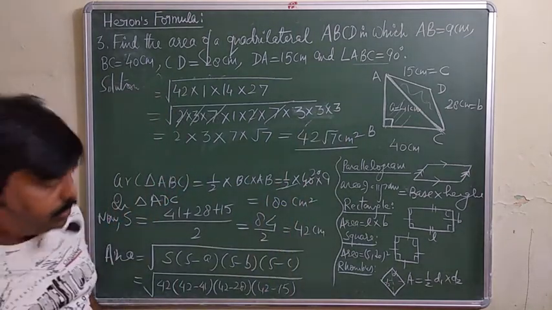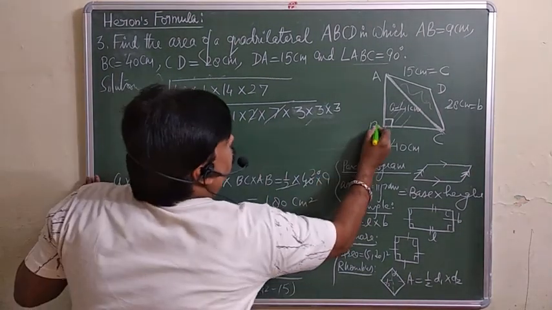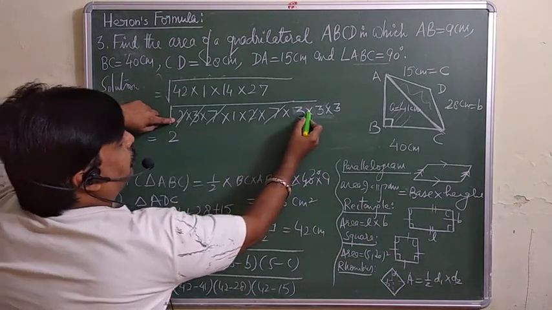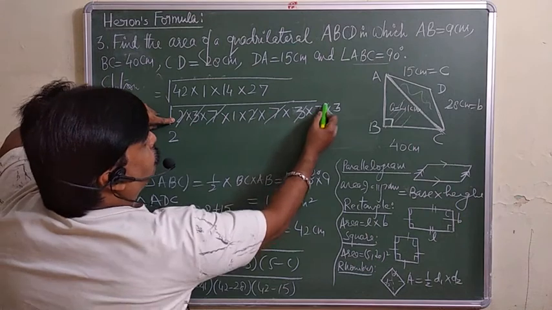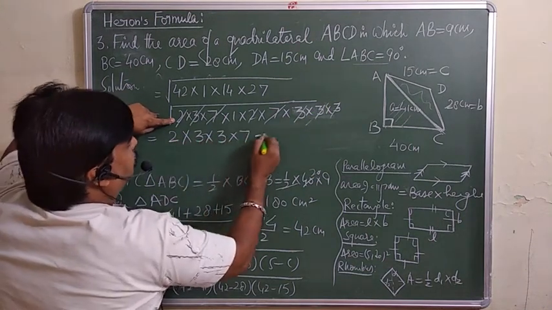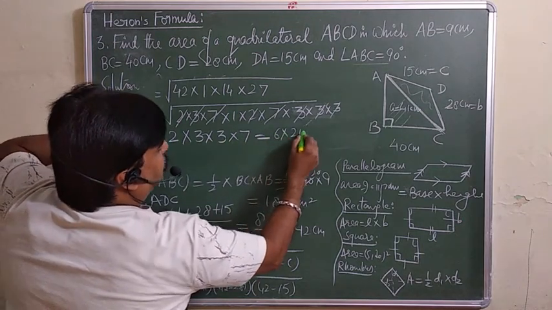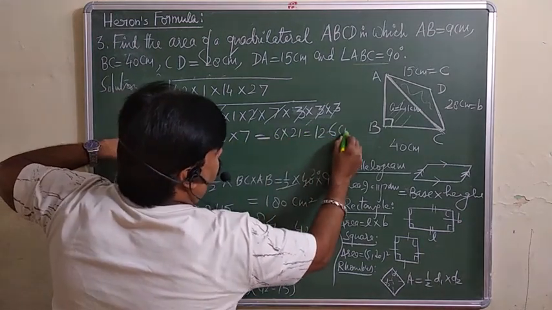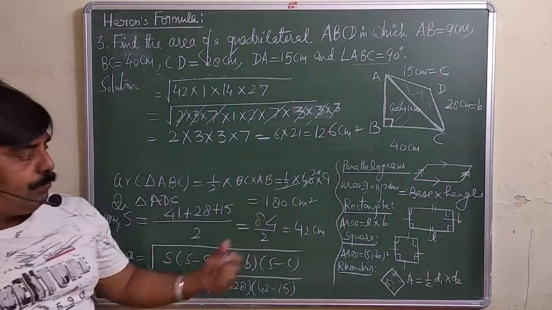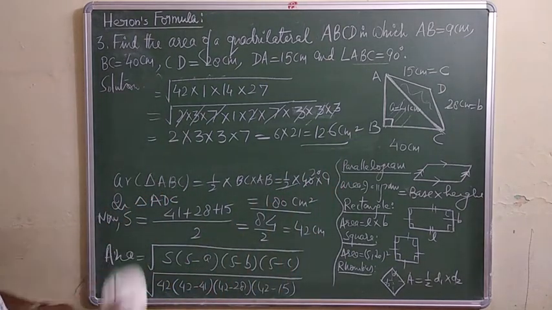This is the mistake we were making. So 1 2 and 1 3, 2 3 and 1 7. So here you will get 6 into 21, 126 centimeter square. Now you can add this one and this, you will get the area of this quadrilateral.